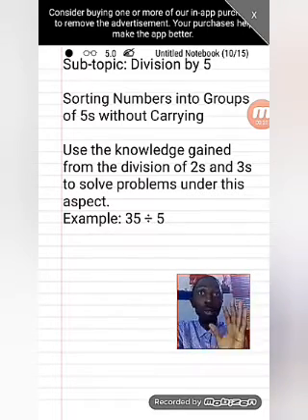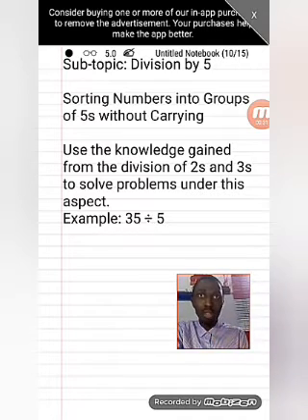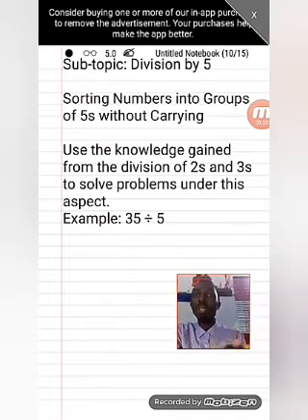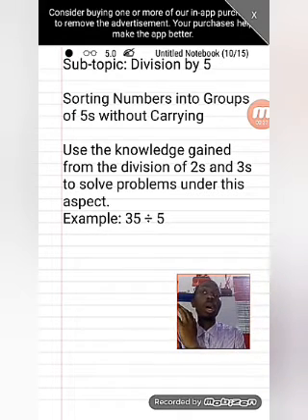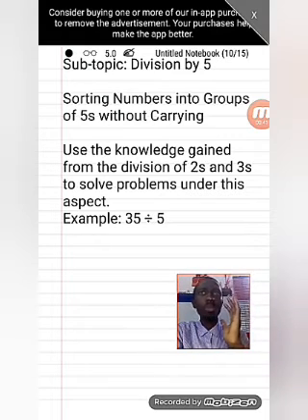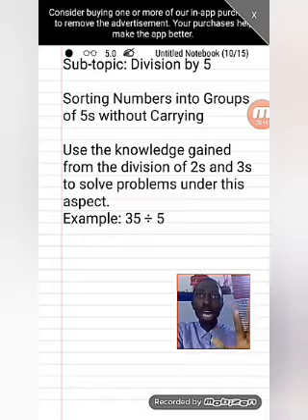For your level, we'll be looking at it without carrying, so it's not something too hard for you. It's as easy as ABC, as easy as the previous ones that we've done.